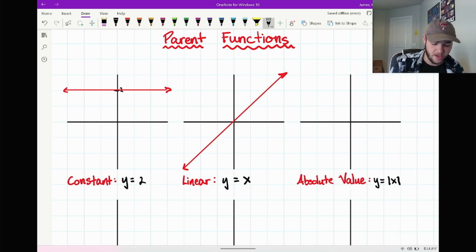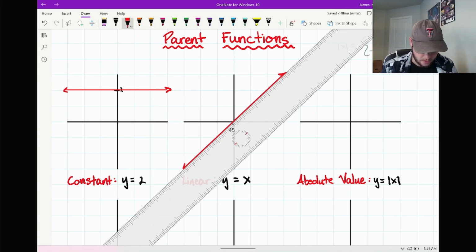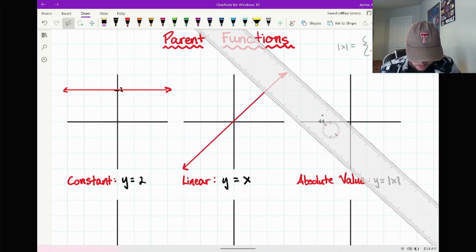Now remember, really under the hood, that absolute value function is a piecewise defined function. It's x if x is positive, or negative x otherwise. So when I'm looking to the left of the y-axis, that's when x is negative, I'm going to have the line that passes through the origin with slope -1.